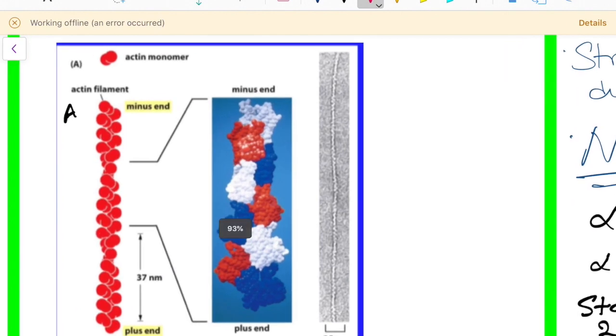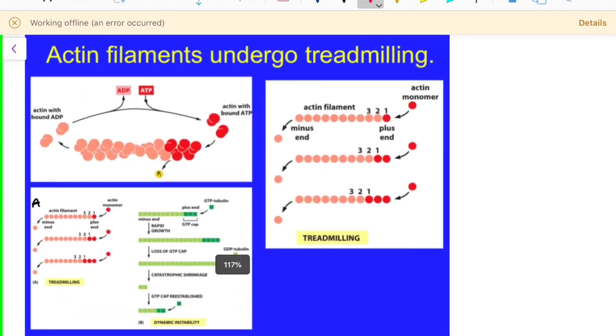And going back to actin, you have the minus end, which is ADP bound, and you have the positive end, which is ATP bound. And that is how actin treadmilling happens: you have growth on the positive end and you have subtraction or shrinking on the minus end, and that is shown here.